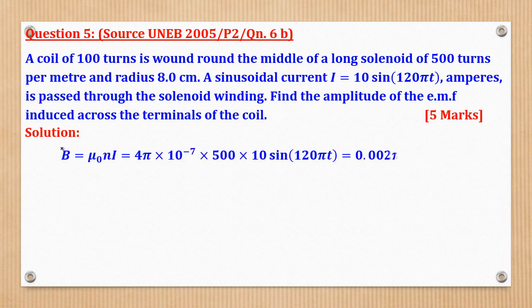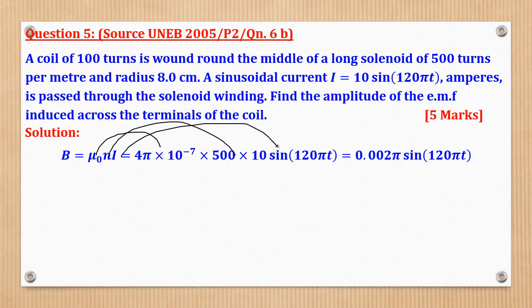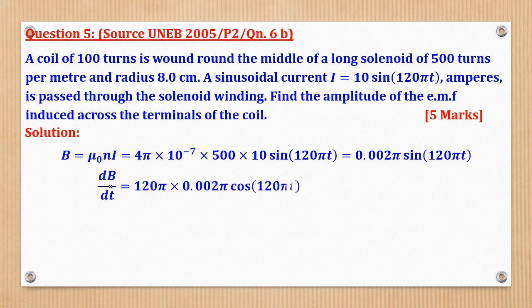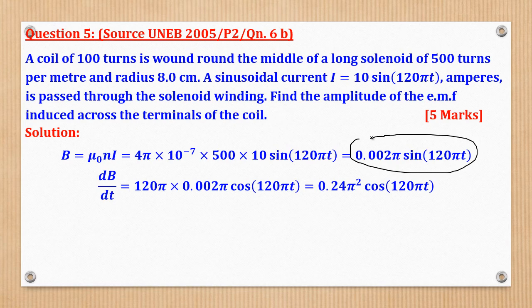So first is the flux density of the solenoid. Along the axis it is mu naught n I. So substitute this constant, number of turns per meter, and current, which is given by that. So for dB dt, when I differentiate this with respect to t, we learned that in pure math. So this is the constant.